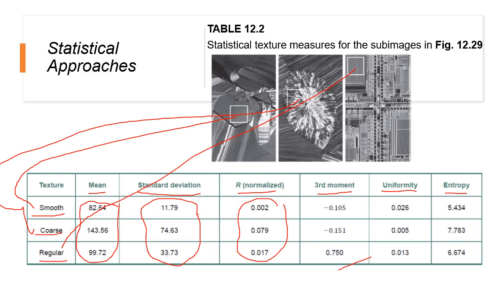So it means that these 6 moments could distinguish the objects based on the texture. Now, notice that the value ranges are quite different, so we might have to normalize the statistical measures here.